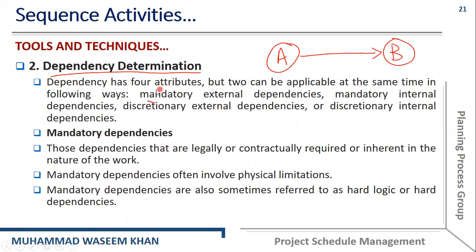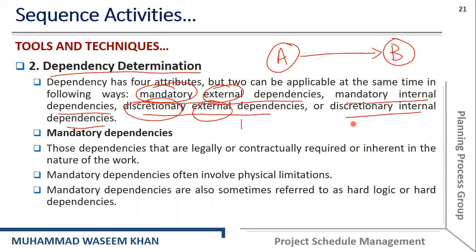That is mandatory dependency and discretionary dependency, then external dependency and internal dependency. So we can have these four different types of dependencies, like mandatory and discretionary, so that's two, and external and internal. So four. So there are four different types of dependencies.